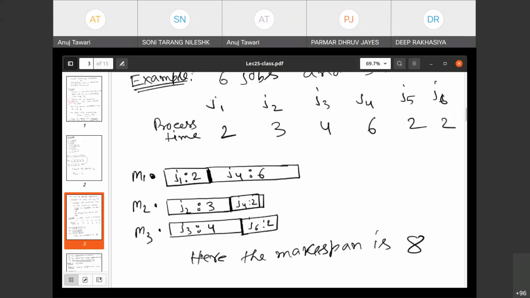Okay. So we start with this algorithm and show that it is close to the optimum. Just the question is how close it is. So how do we compute the approximation factor here?